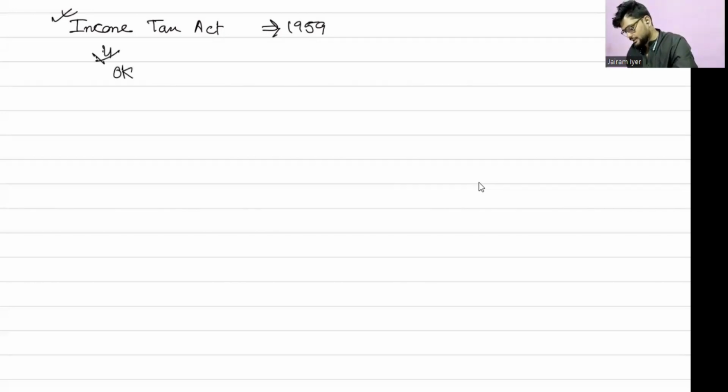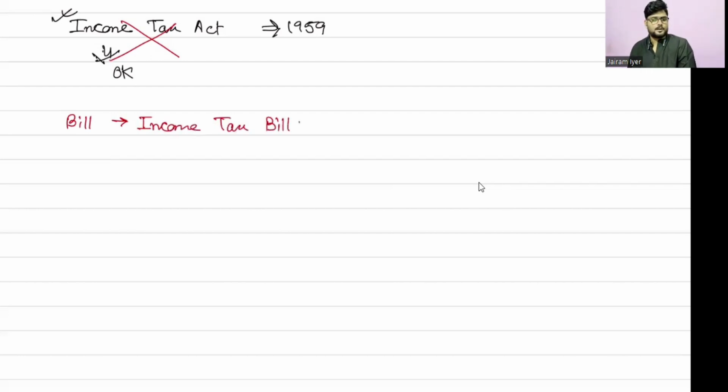No. What actually happens is that whenever I propose an act, I propose it in the form of a bill. So I will say that I have an idea of an income tax bill. Then, sir, what has to be done to make it an Income Tax Act?